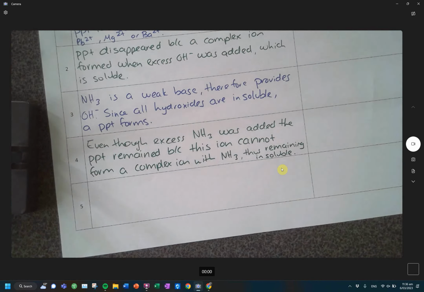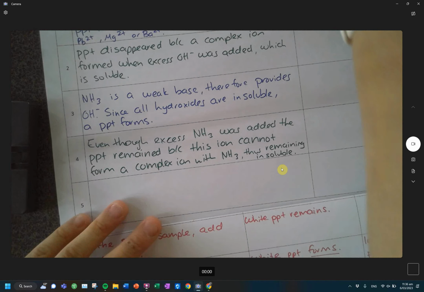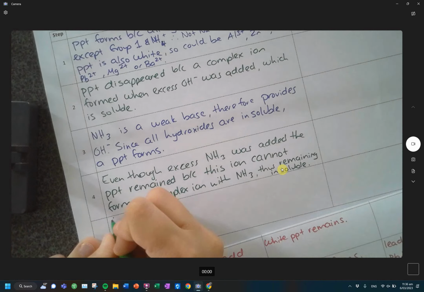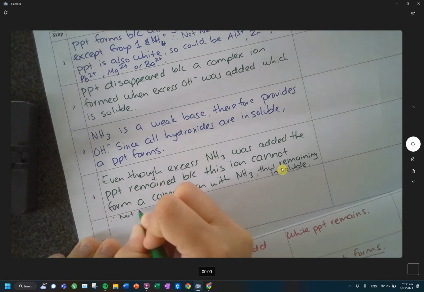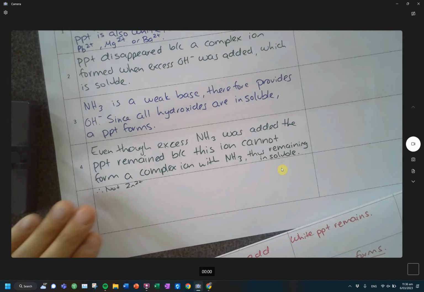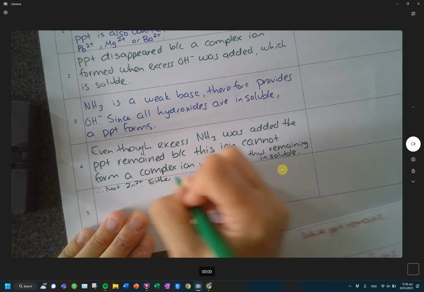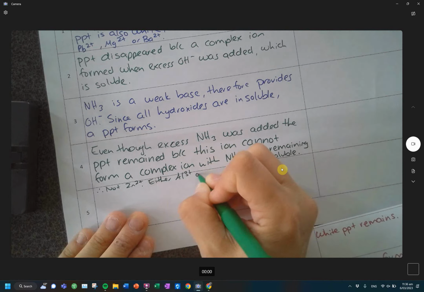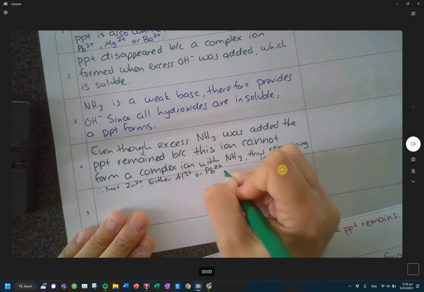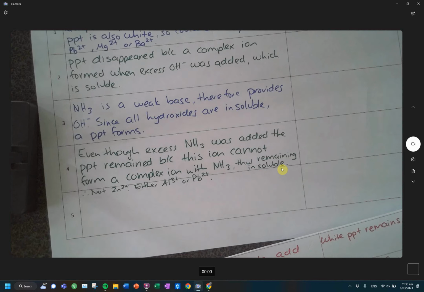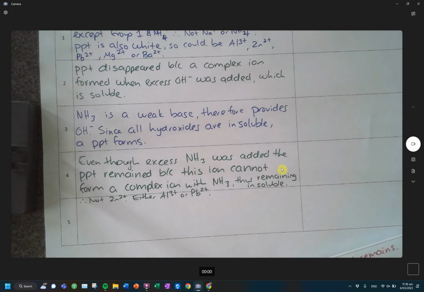Last thing that we then have: what that does tell us is that therefore it's not zinc 2+. So it's either aluminium or lead from that information. I should add that up here.